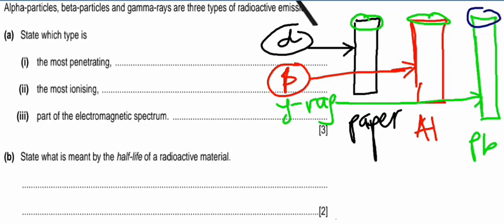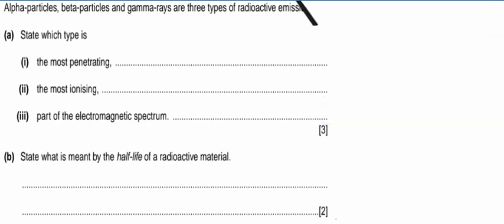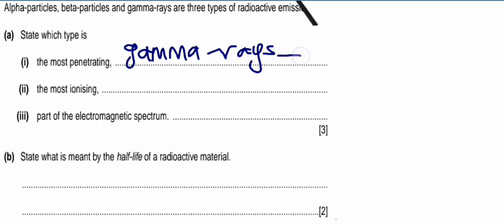Which means lead can be a good material to make a box where you can store these three types of radioactive emission. So the answer is just going to be gamma rays. Or if you don't want to say gamma rays, you can say Y-rays.